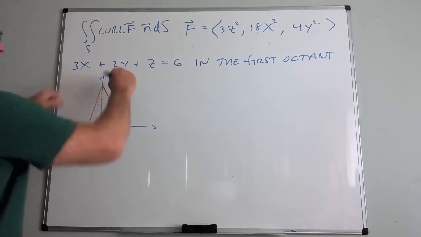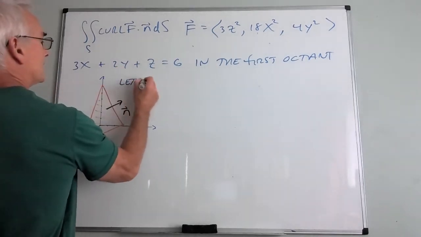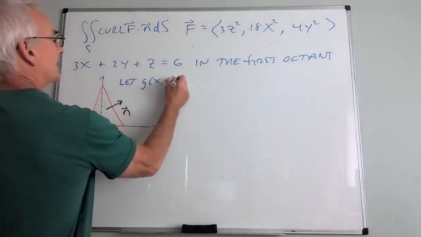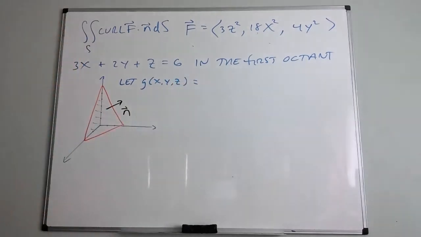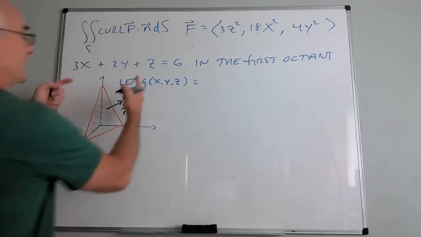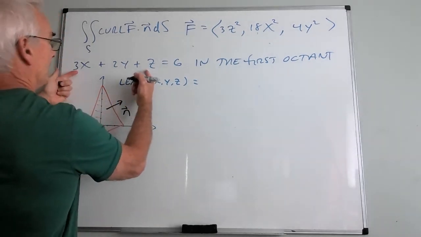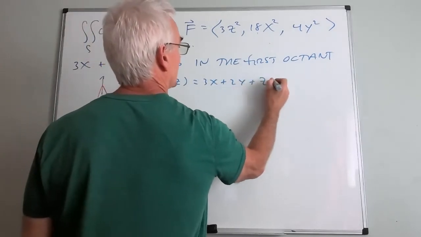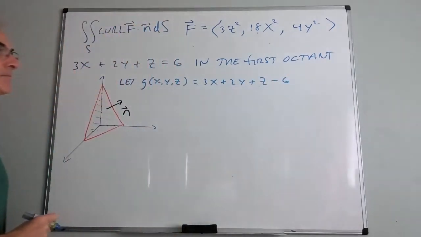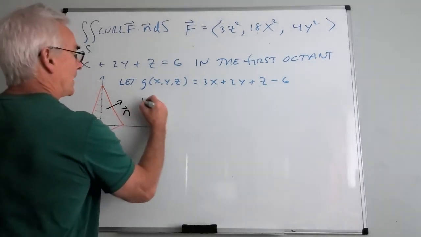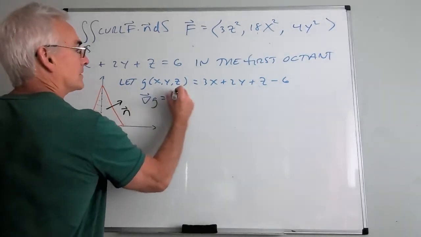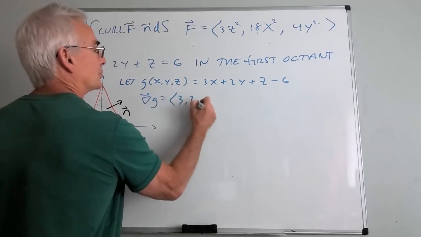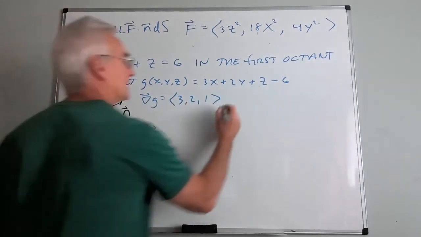So I'm clearly going to let G of X, Y, Z, and you just said how we wanted to do it, well, I guess I can kind of leave it in this form, can't I? So it'll be 3x plus 2y plus z minus 6. All right, that's going to be my G of X, Y, Z. Then my gradient of G will be 3, 2, 1.